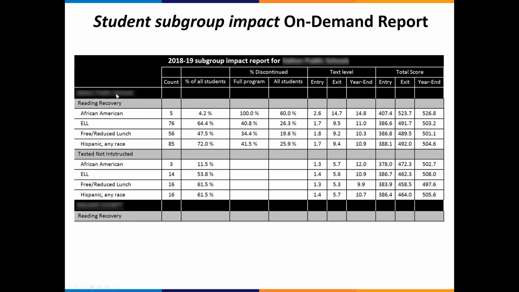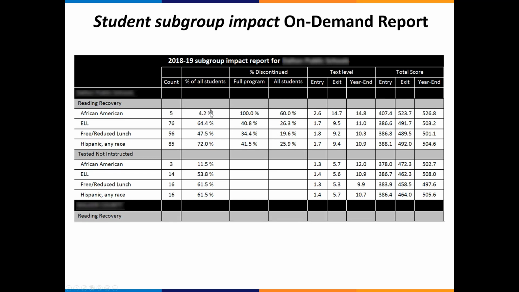But for each school district, starting with the rows in black, it reports data about reading recovery student subgroups. So it reports data about reading recovery African American students, ELL students, free and reduced lunch students, and Hispanic students. For each of these subgroups, it reports the number of students that were served.